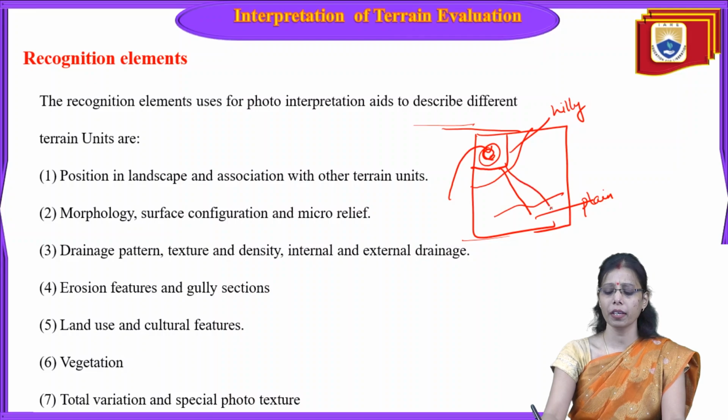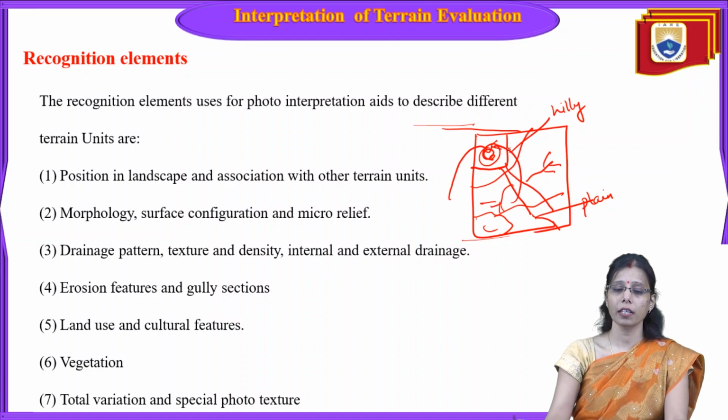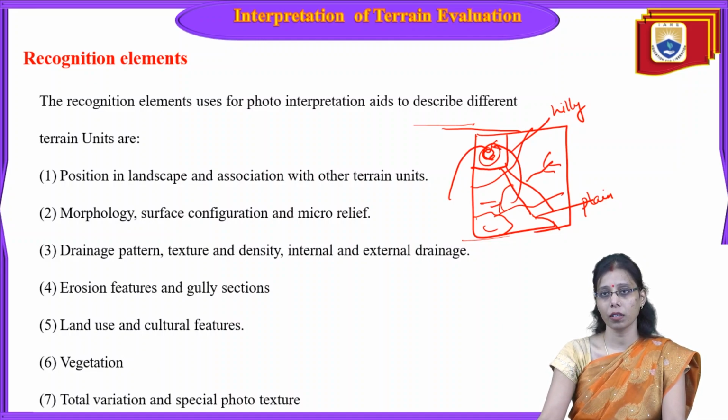There may be a river over here, or drainage patterns, different kinds of drainage pattern, a big forest area. These are the associated features to this terrain. That means the associated features nearby the terrain are covered with vegetation, forest area, or rivers or drainage patterns.